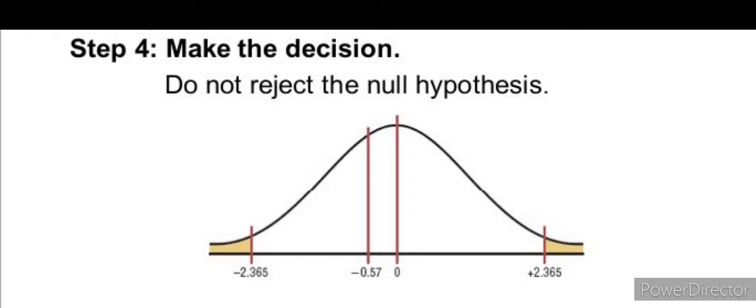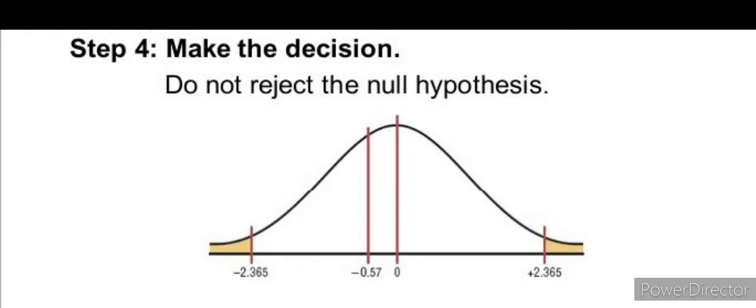On the positive side, if the test value is greater than the critical value, the null hypothesis is rejected, while if the test value is less than the critical value, the null hypothesis will not be rejected. In our case, since negative 0.57 is greater than negative 2.365, our null hypothesis is not rejected.